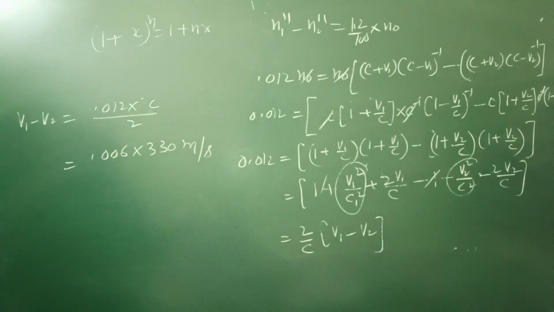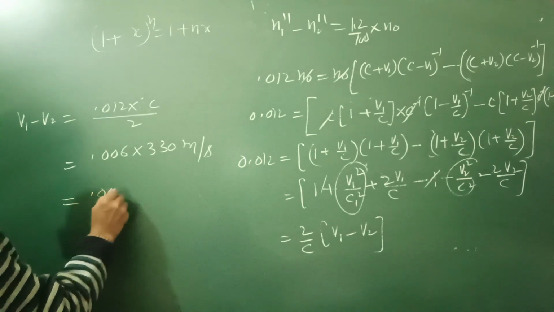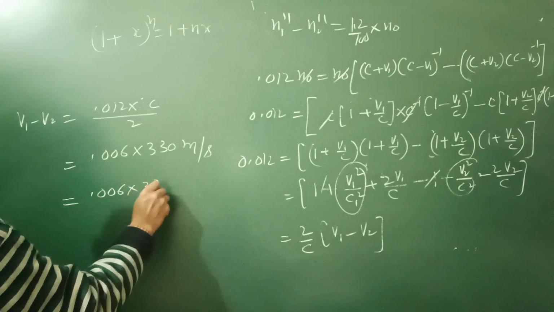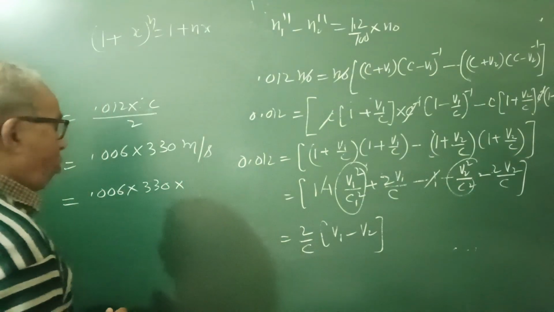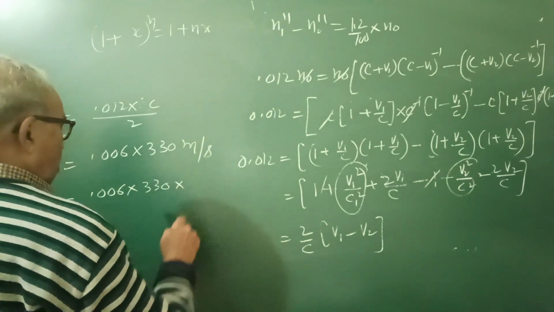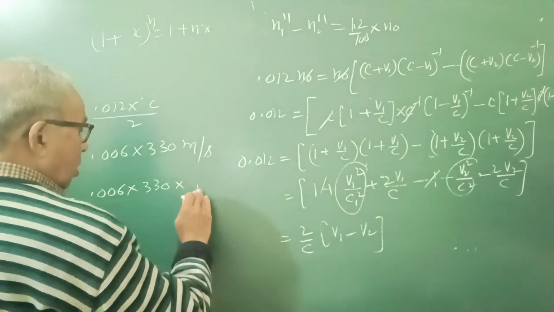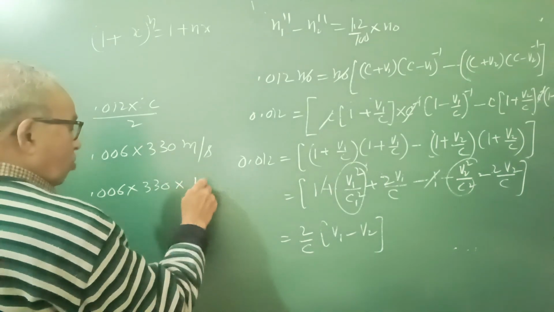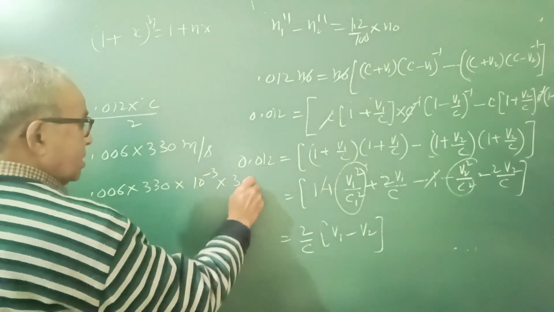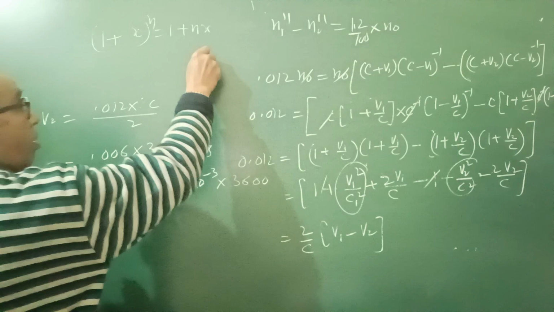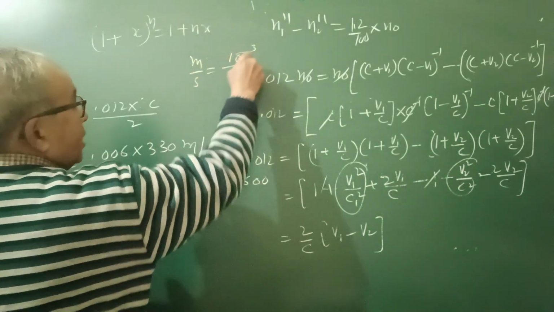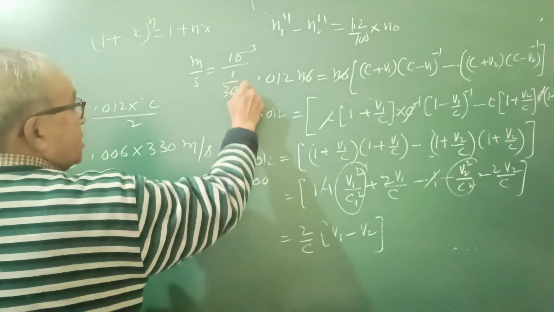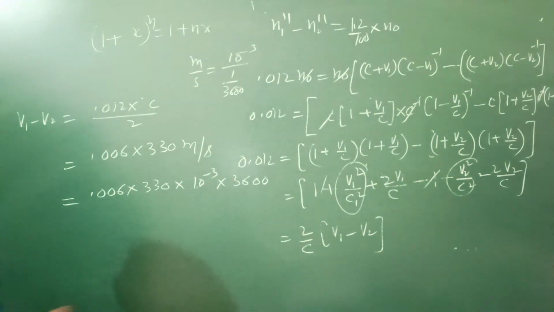If we convert that into kilometer per hour, 0.006 into 330 into meter per second, 10 to the power minus 3 kilometer upon 1 by 3600 hour.